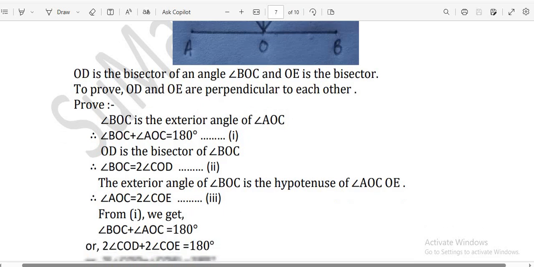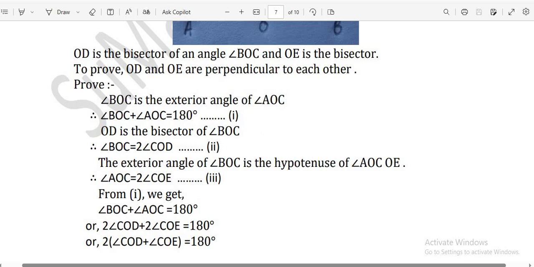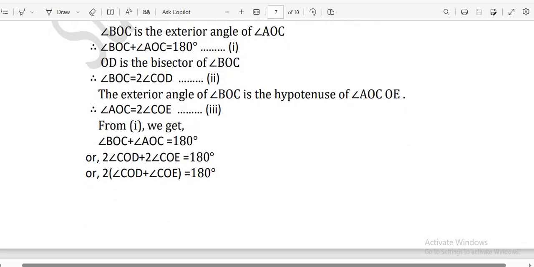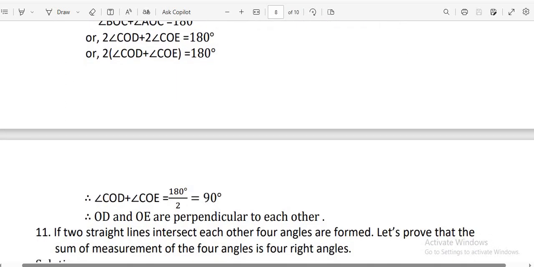From equation 1 we get angle BOC plus angle AOC is equal to 180 degrees. So 2 angle COD plus 2 angle COE is equal to 180 degrees. Taking the common 2, 2 times the bracket angle COD plus angle COE is equal to 180 degrees.